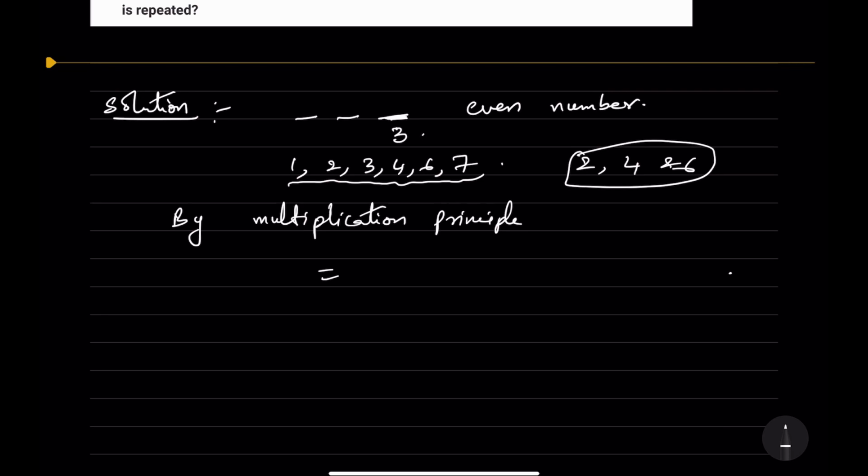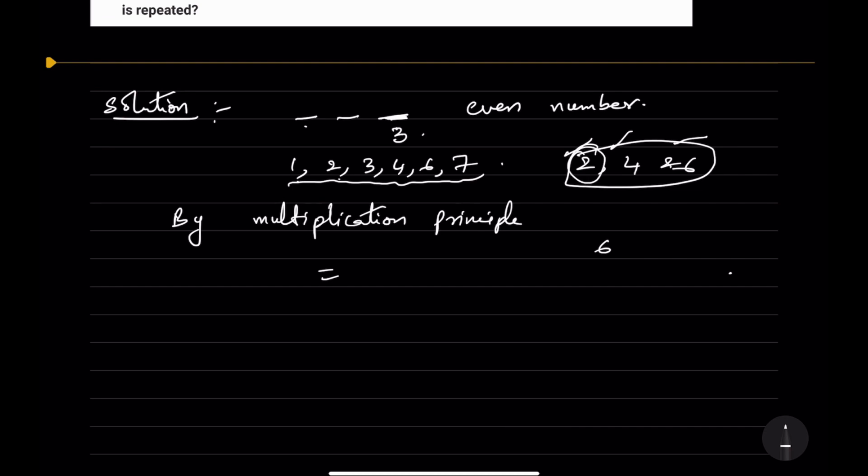So total number of digits is how many? We have 6. Now in the last place you have already used either 2, 4 or 6. So in the first place, in how many ways can it be done?